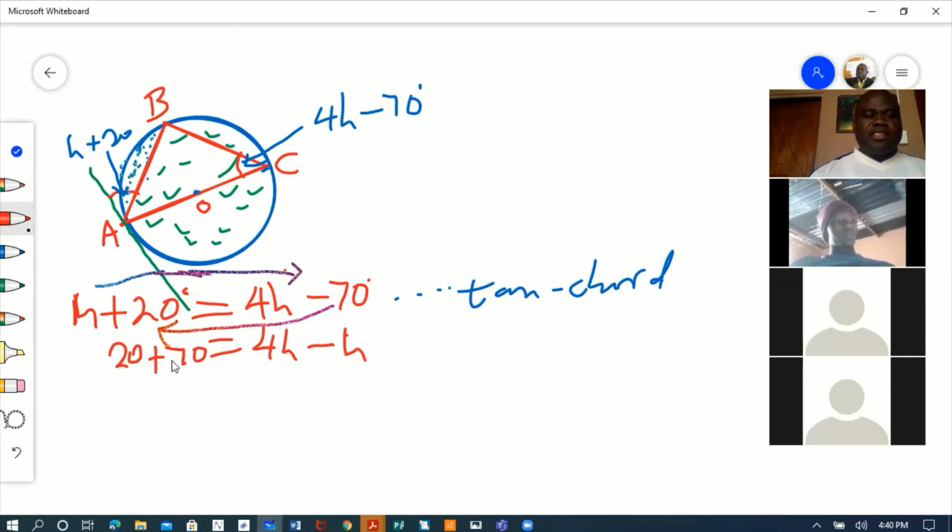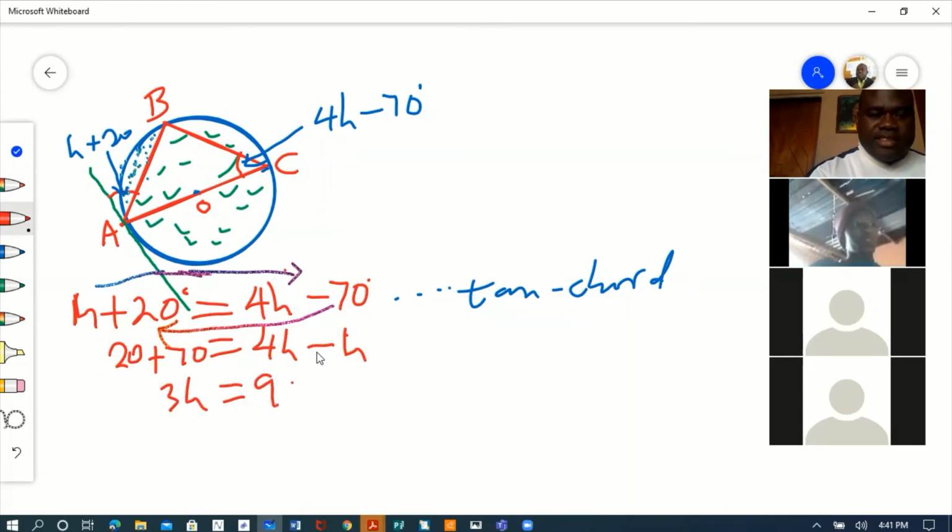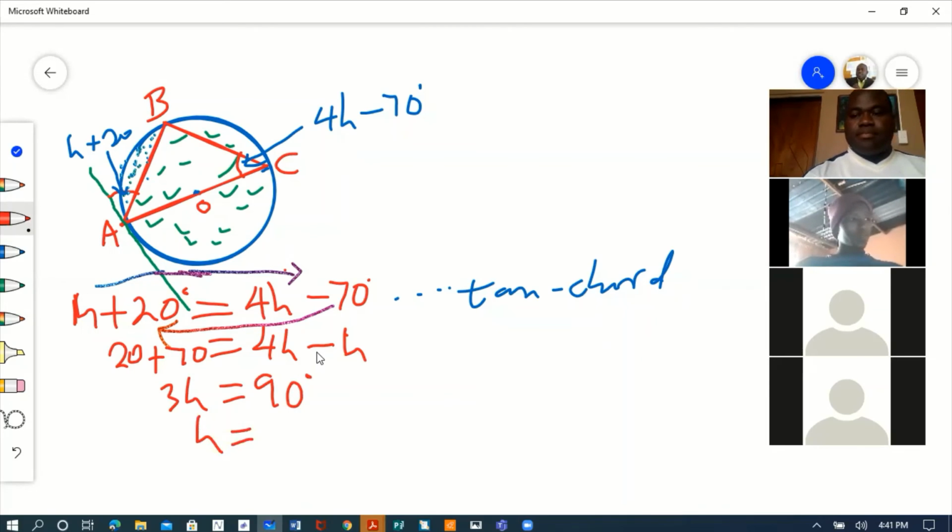And 20 plus 70 is what? 90. And 4H minus H? 3H. So 3H equals 90 degrees. H will be what? 30 degrees. So that is what the calculations should have looked like.